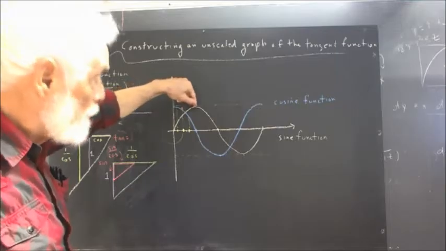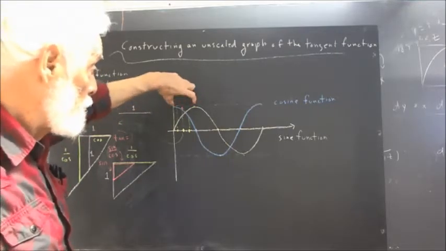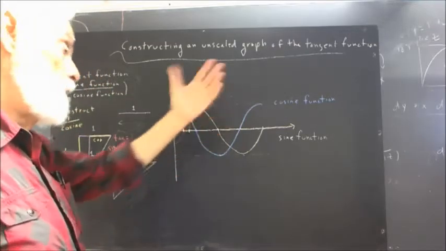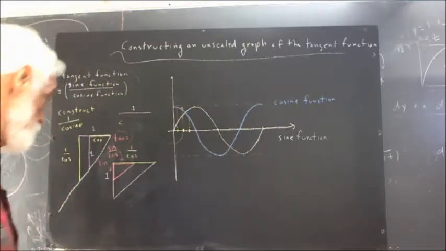Every time we get a point on the sine graph, let's just shift that point over here and mark that as a cosine. So we have a simultaneous construction of the cosine graph, if you like.